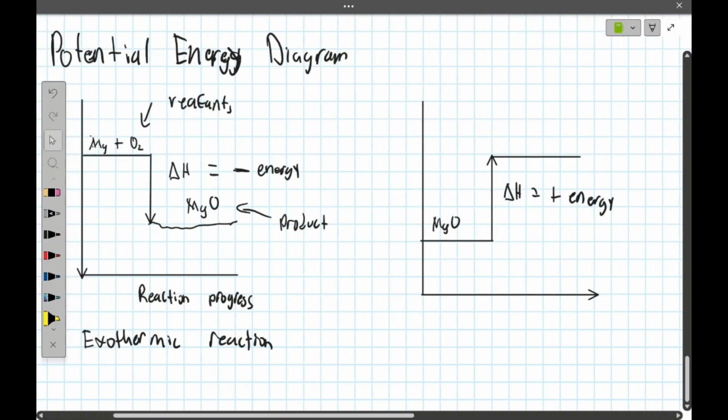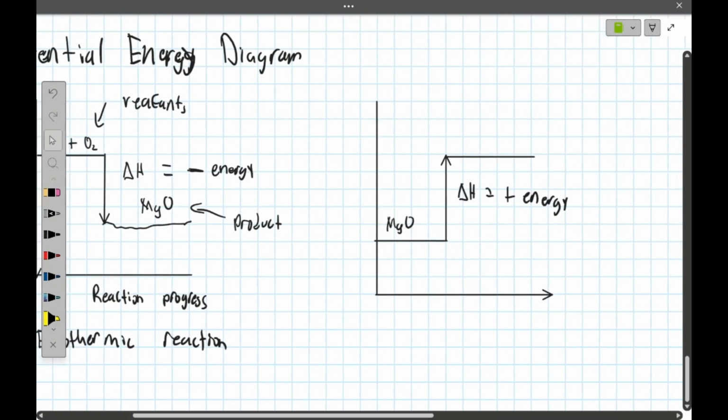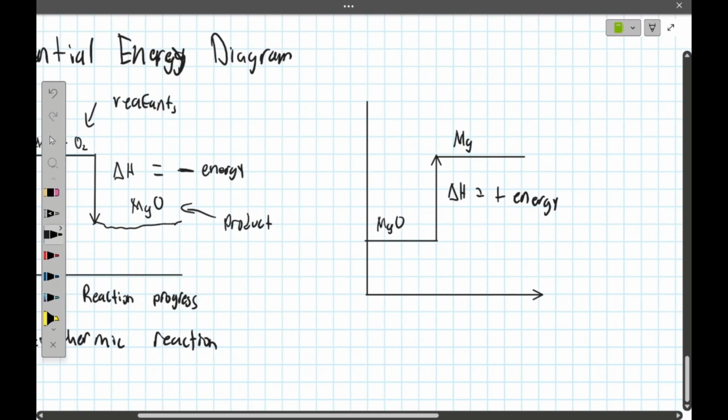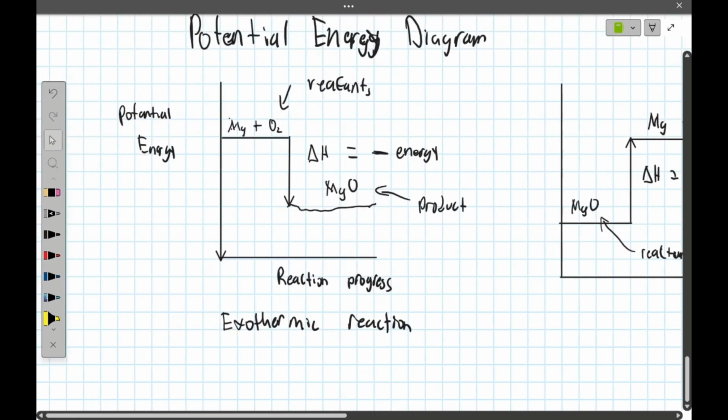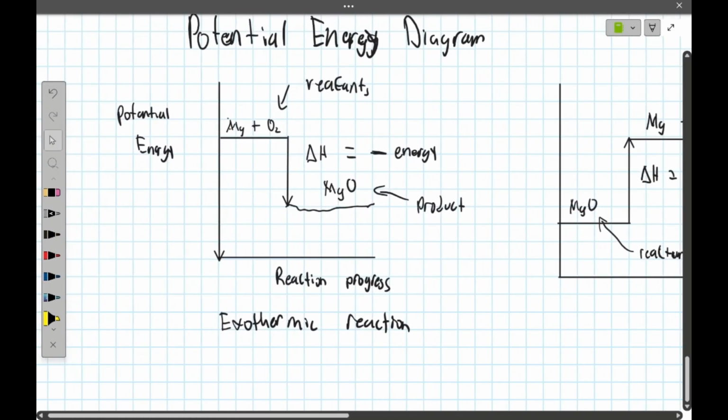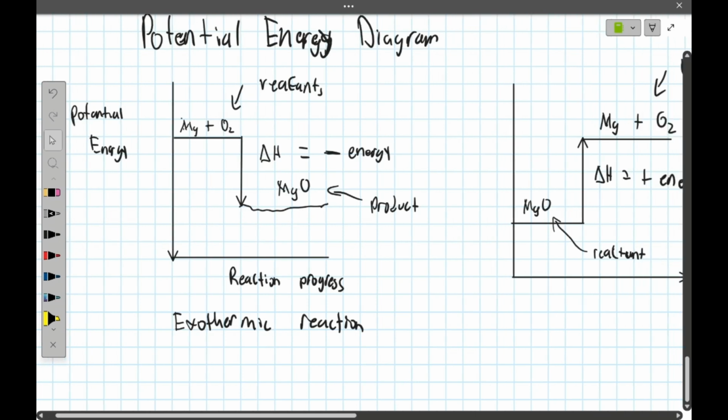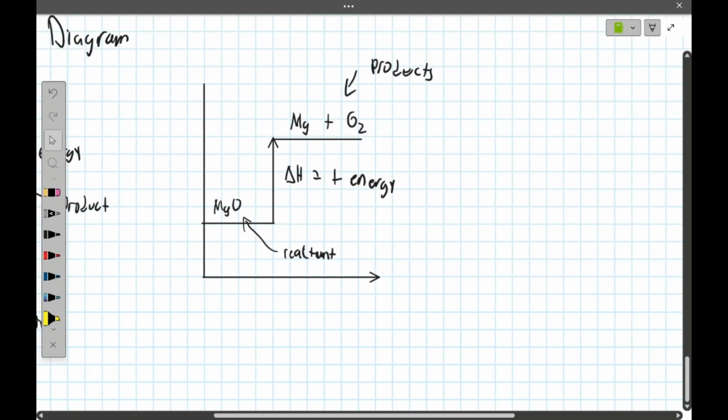And then we are given our products, which is Mg plus O2. So now here we have our reactant, and here we have our products. So as you can see here, the potential energy for the exothermic decreases, while in the endothermic, the potential energy increases.